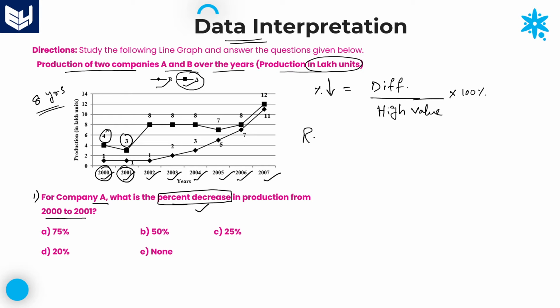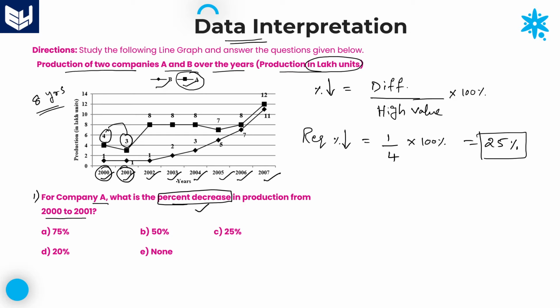Now you can calculate the required percentage decrement, which is equal to the difference between these two, 4 minus 3, which is equal to 1, divided by previous year value or highest value, that is 4. 1 by 4 into 100 percentage, that is 25 percentage.